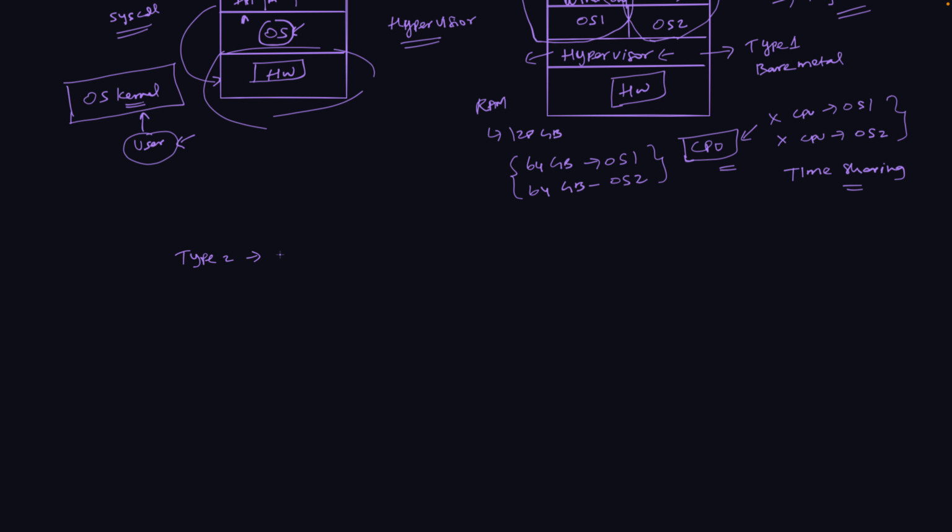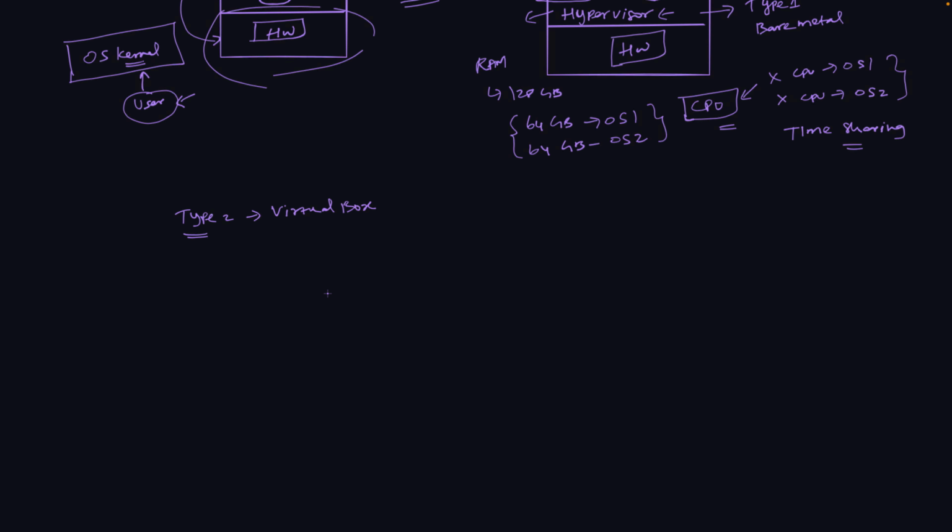An example for this is VirtualBox. Okay, so the difference is type 1 hypervisor directly sits on top of hardware, right? But type 2 hypervisor is just a software program running on a host operating system.